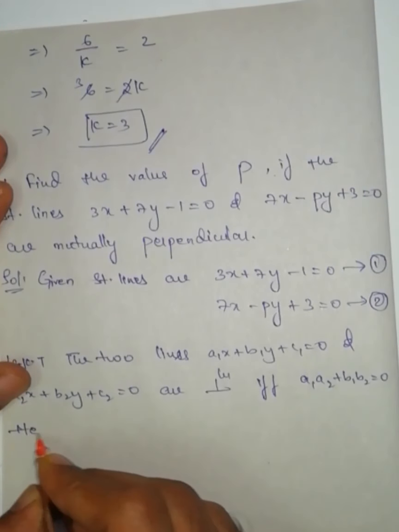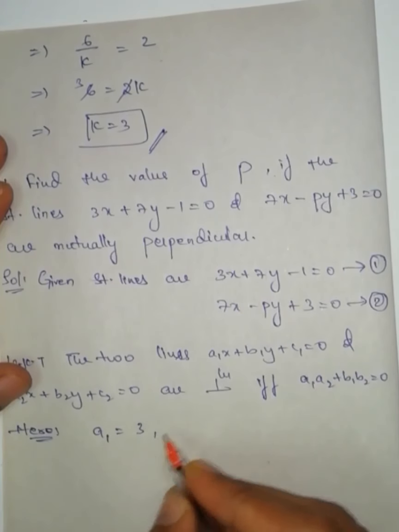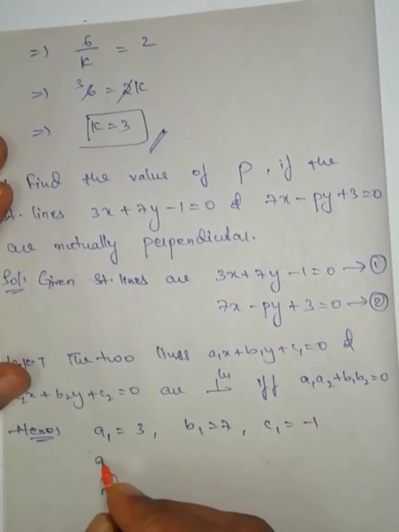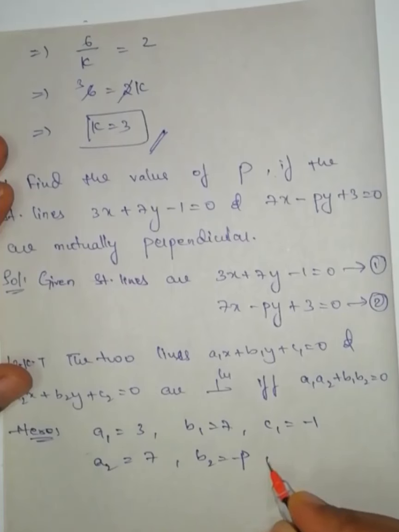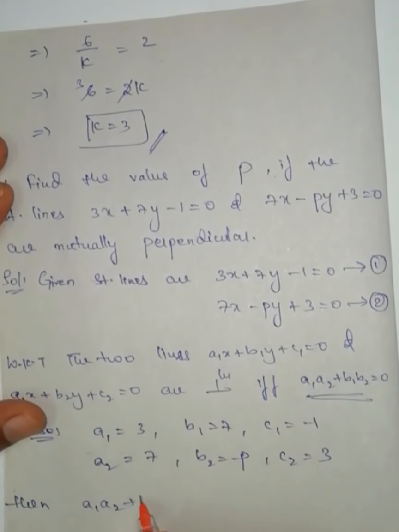Here, what is a1? a1 is 3, b1 is 7, c1 is -1, a2 is 7, b2 is -p, and c2 is 3. Now substitute in this condition, a1 a2 + b1 b2 = 0.